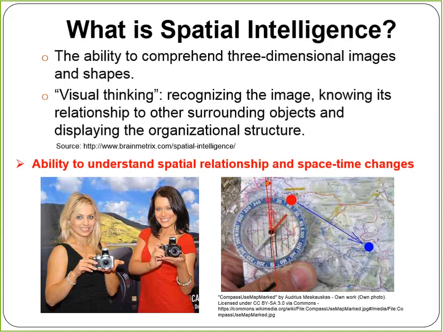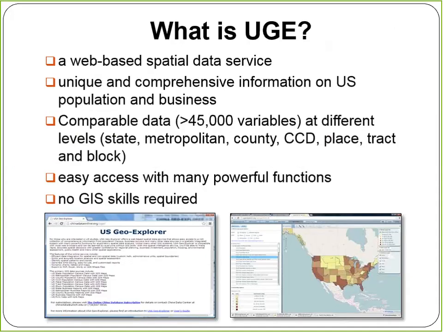So people now can take precise, very nice photos and identify the spatial relationships of different spatial objects. That's exactly what we need to do for data service.